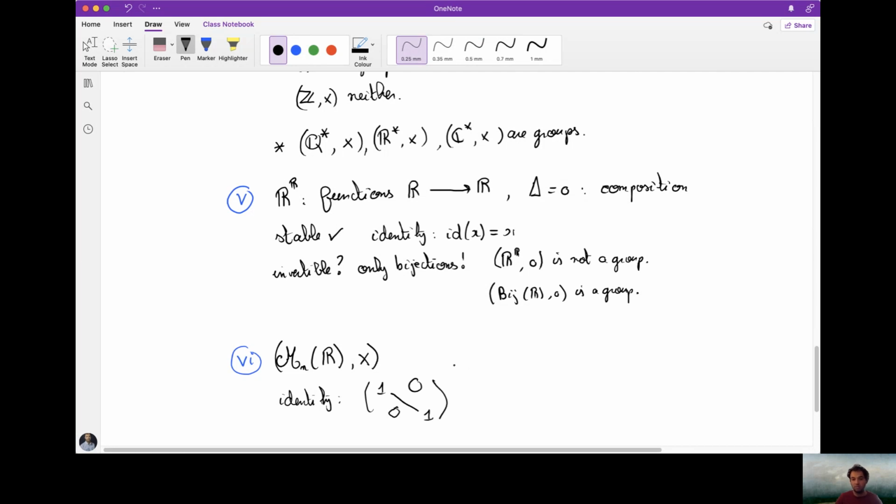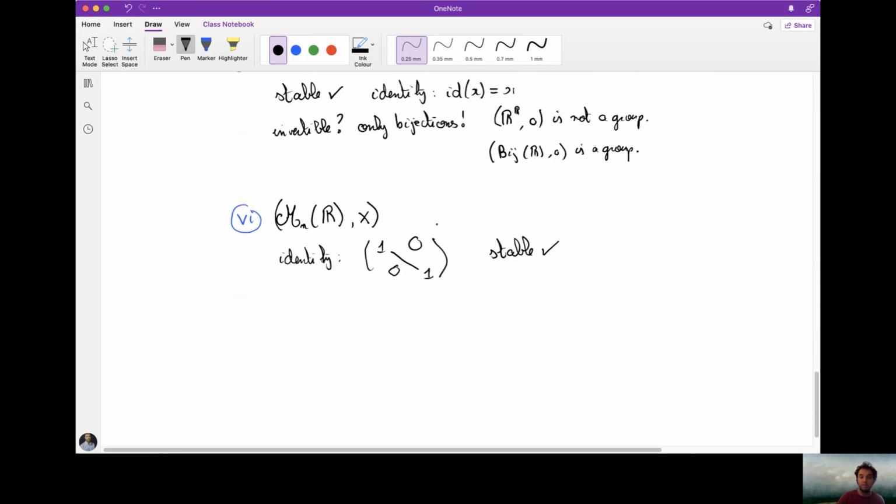It's stable: if you take two matrices and you multiply them, the result is again a square n by n matrix. However, same as before, not all matrices are invertible.